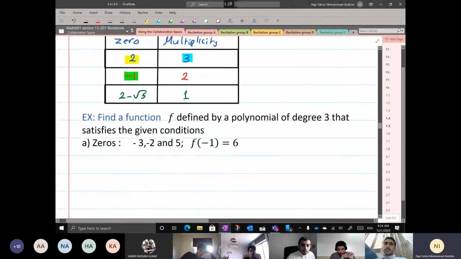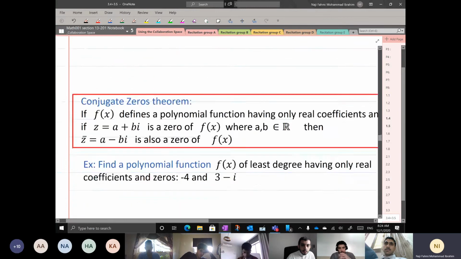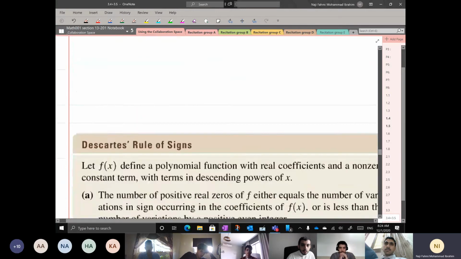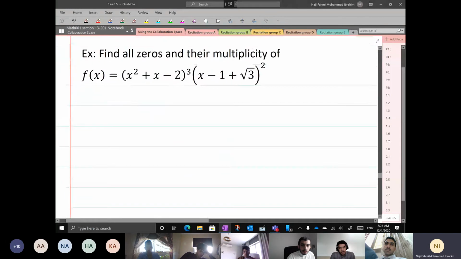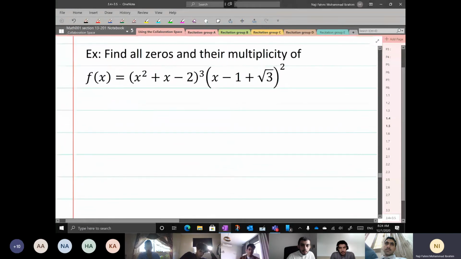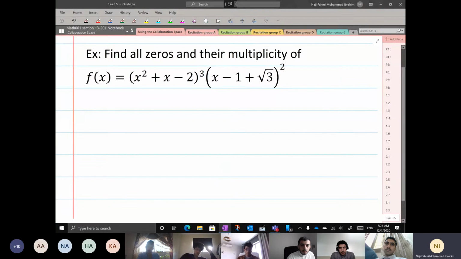Let's take one more example on the same idea. Read it. It says find all zeros and their multiplicity. First of all, inside each bracket, do we have linear expressions or not?